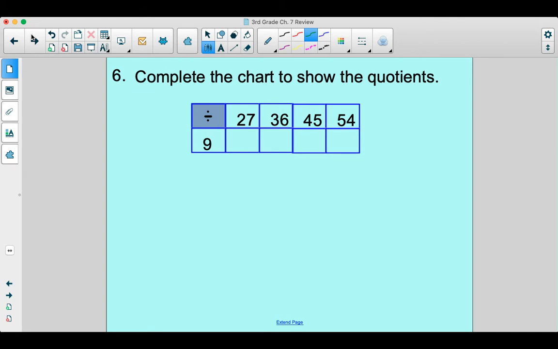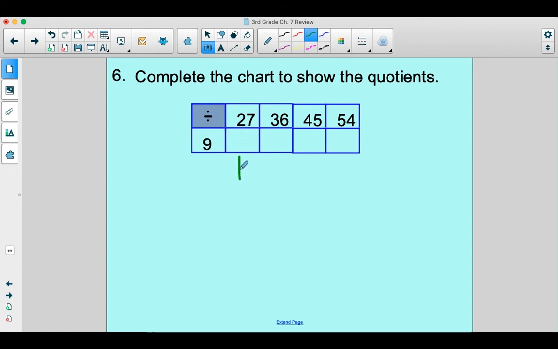All right, so I'm looking at this, and it looks like 9 divided by a number. Actually, it looks like 27 divided by 9 equals what? I was thinking about it backwards. So let's make sure we know what this is showing us. 27 divided by 9 is going to give us a number here.